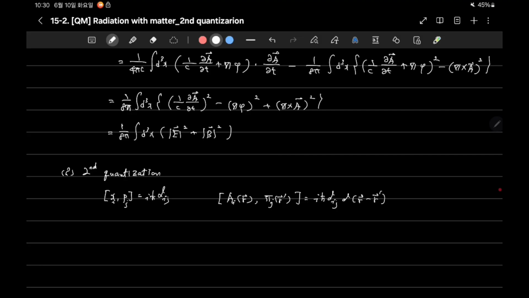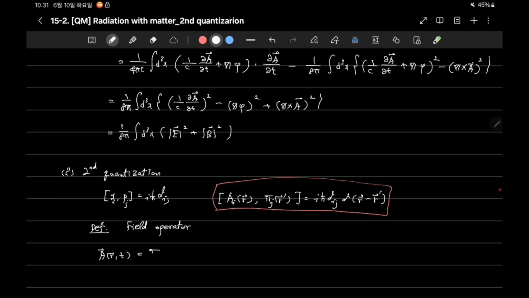That is an important relation for the field quantization. Here let's define the field operator, the magnetic vector potential A(r, t).